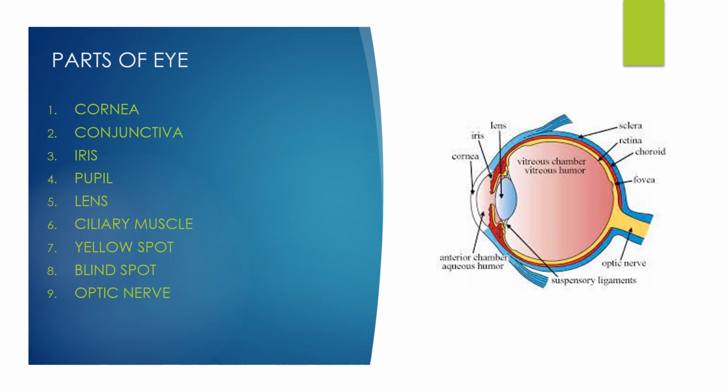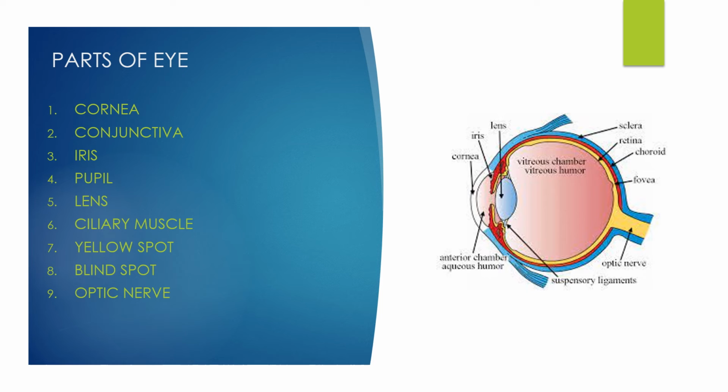If the intensity of light increases, the size of the pupil decreases, so we can reduce the amount of light entering the eye. When the intensity of light decreases, the size of the pupil goes back to normal.